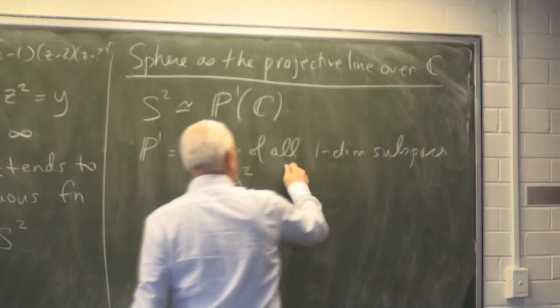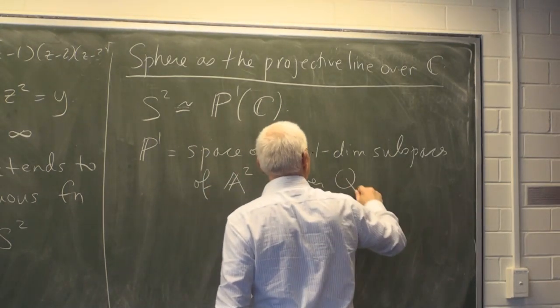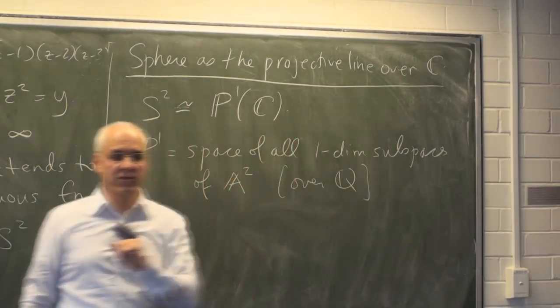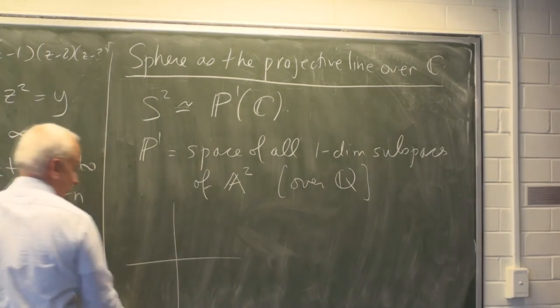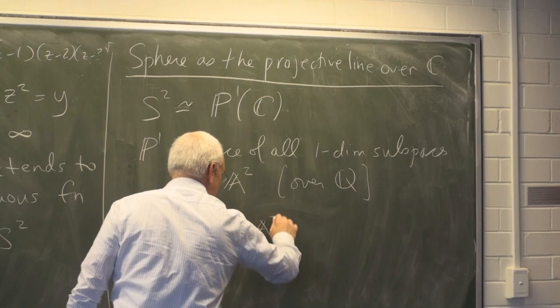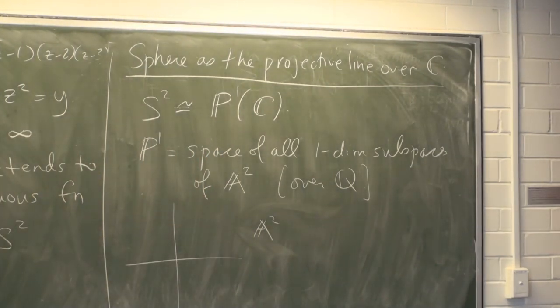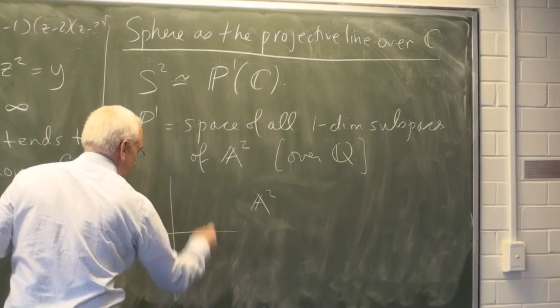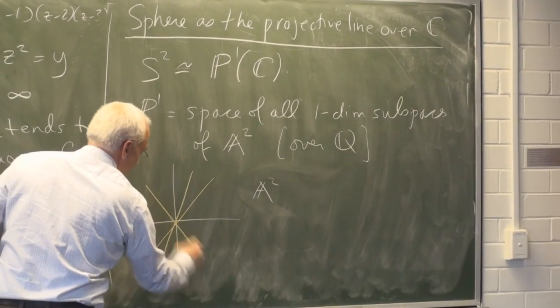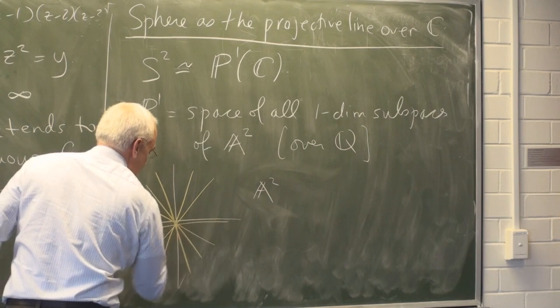And although I didn't say it, we were really working over the real numbers, or I prefer over the rational numbers. And the picture that we had is we were working in A2, our two-dimensional plane. And all the one-dimensional subspaces form this pattern of a bouquet of lines through the origin.